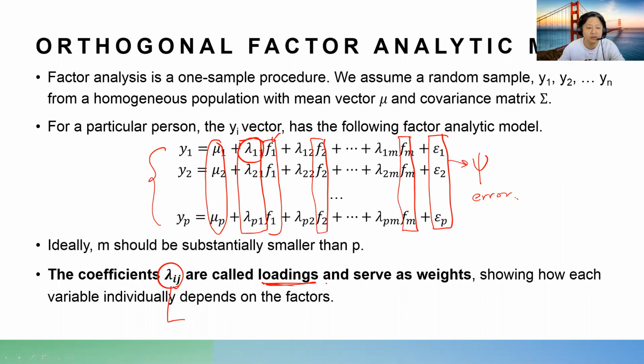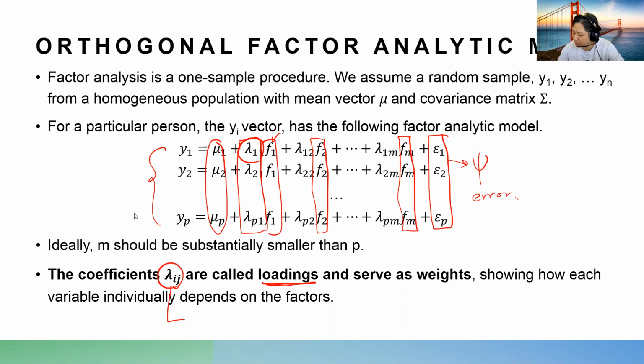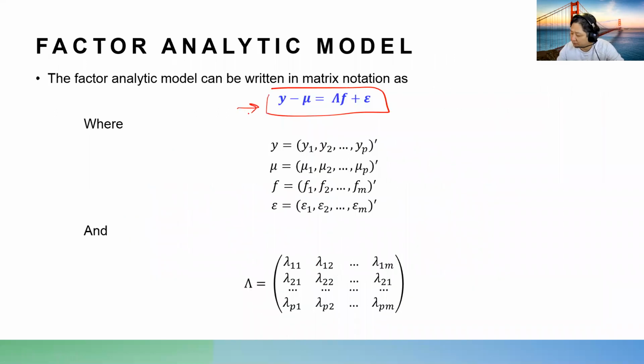So how can we interpret the loadings in the standardized solution? If you use the correlation matrix, a factor loading is a correlation between the predictor and the factor. This is a reduced form, right? If we simplify these formulas, we get this formula: mu plus lambda F plus error, right?